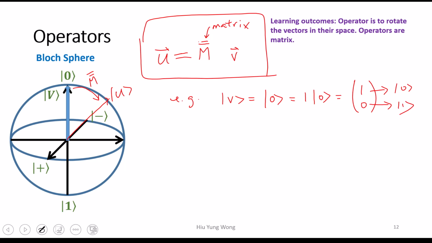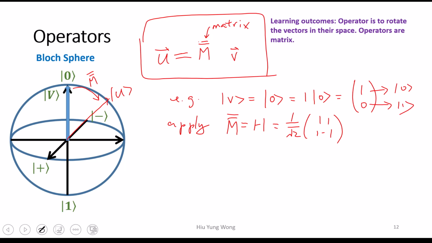Now, I tell you something you are going to learn later. I apply a matrix M, which I call H, equal to 1 over square root 2 times the matrix [1, 1; 1, negative 1]. That's it. I give it to you. You don't know what it is. It's a valid matrix to represent a rotation of the vector on the Bloch sphere.